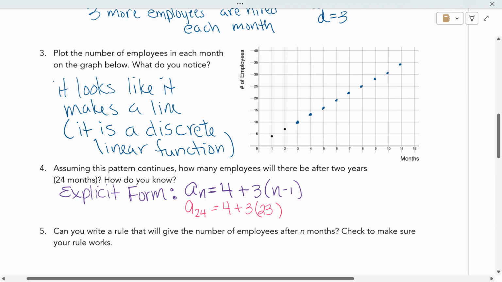Okay, let's see. So 3 times 23 is 69. 69 plus 4 is, so in the 24th month, there will be 73 employees.